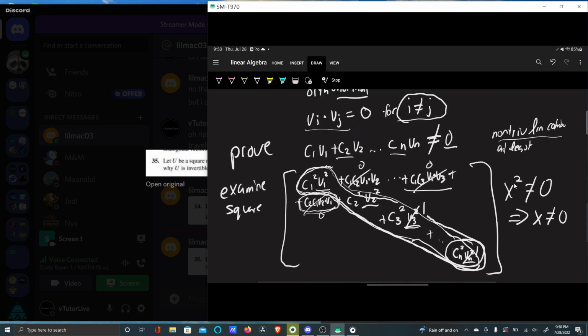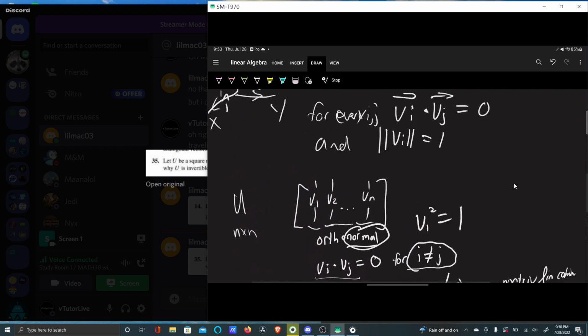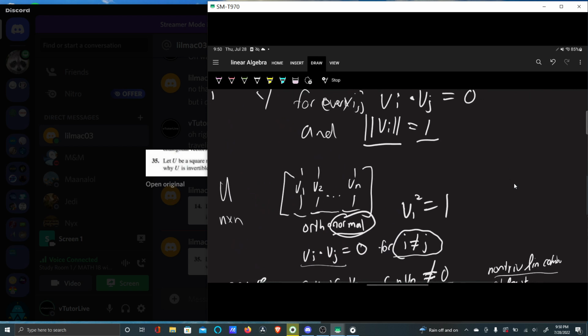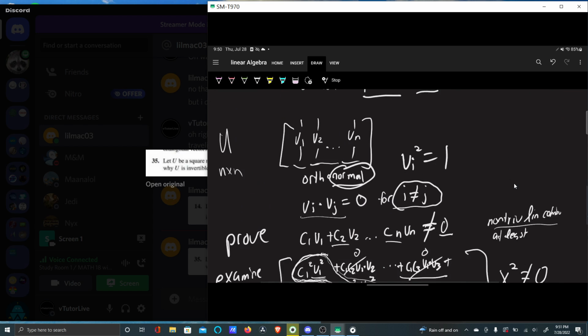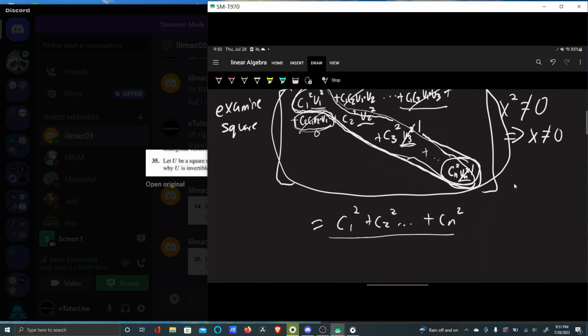And in fact, if we remember that this is orthonormal, which means that Vi squared is equal to 1. Up here, we said that the magnitude of Vi is equal to 1. Another way of saying that is Vi squared is equal to 1. So really, this entire thing is just equal to the sum of all the C1s, C2s, and so on and so forth.